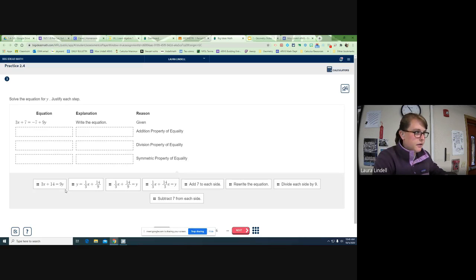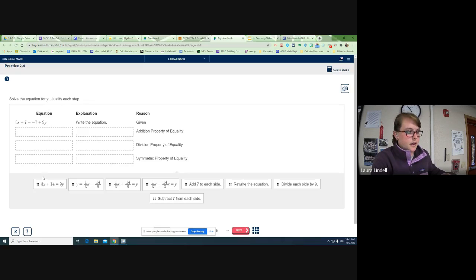And they want to solve the equation for y. So this is nice. We know that we're solving for y. We want to get y by itself at the end. What I would probably do next if I were them is move the 7 over to this side because we want to get y by itself, right?